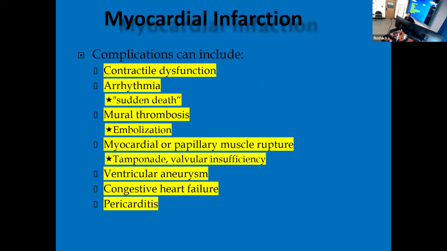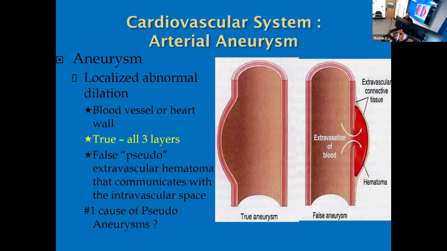Complications of MI are going to be contractile dysfunction, which makes sense, arrhythmia, you can have sudden death, mural thrombus, which we talked about. You can also have tamponade, which is blood around the ventricles, congestive heart failure, pericarditis, and aneurysm, very bad. This is a weakening of the arterial wall. We talked about this in lecture 4. There are pseudoaneurysms and true aneurysms.